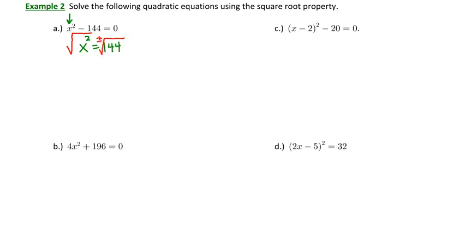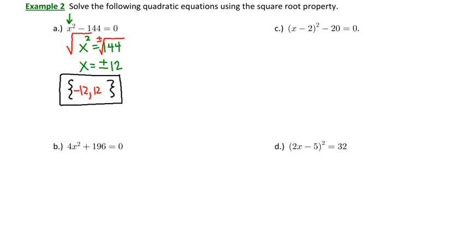So the square root of x squared is x, and over here we have positive or negative square root of 144, which is 12. If you'll remember from the last video, those are the same two solutions that we got by factoring. So we can be confident that we've solved this one correctly.